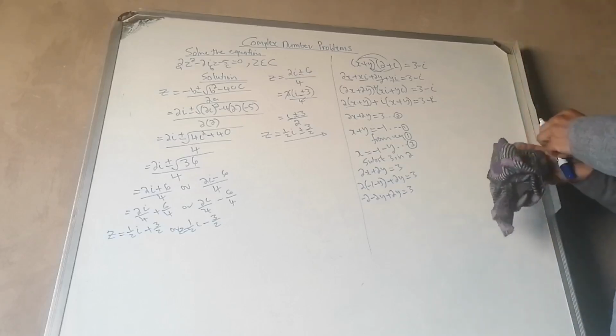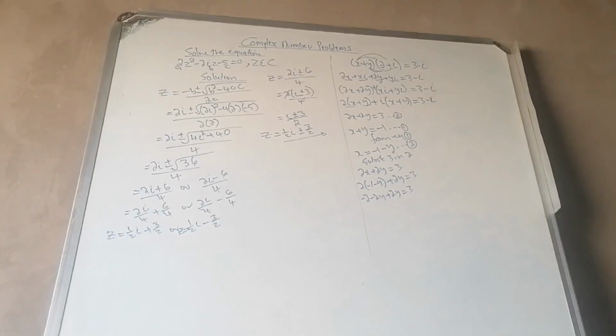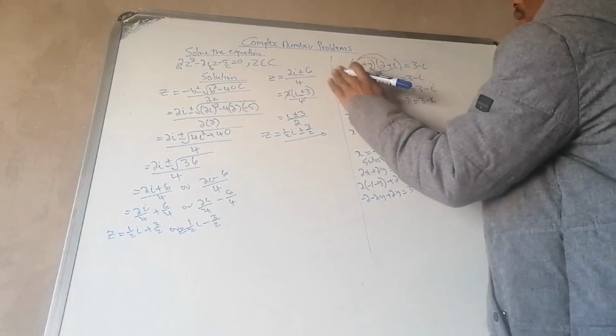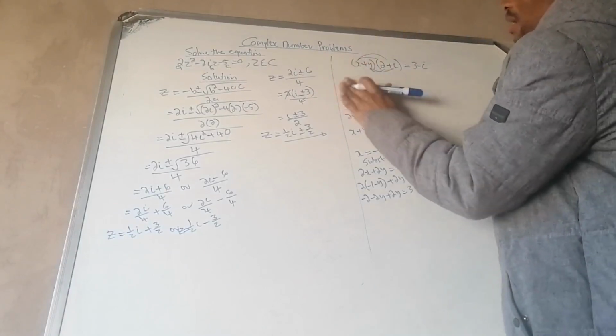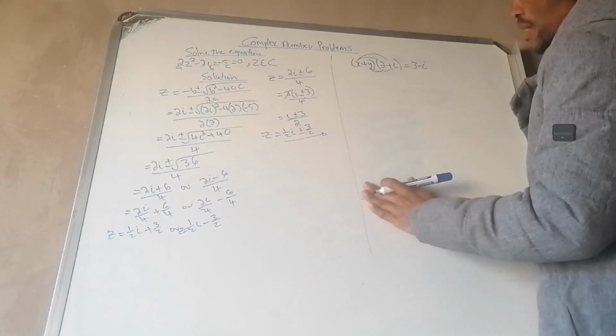There should have been an I here. I am highly and highly sorry for this. There's an I here. I can see that something is not adding up. I am so sorry, guys.